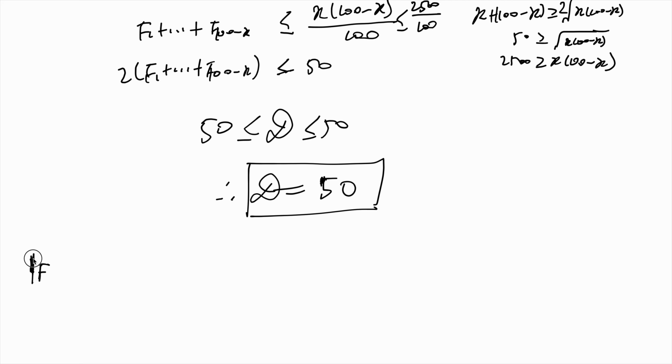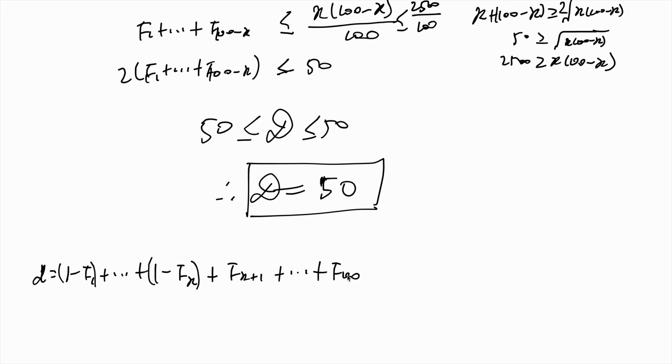f of 1. Because we know the general idea, I will just write it. 1 plus f of 2 plus, backwards. I forgot. 1 minus f of 1 plus 1 minus f of r plus f of r plus 1 plus, this is equal to r minus f of 1 plus.